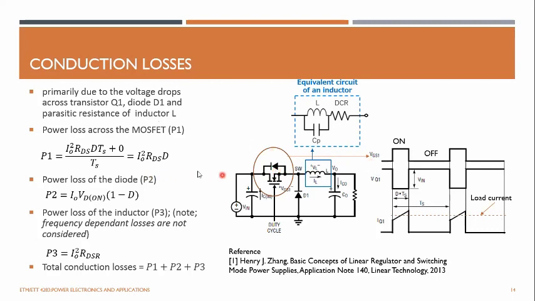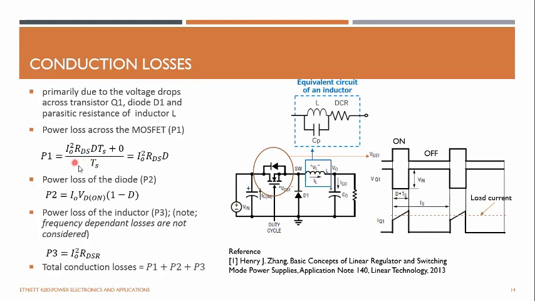The power loss can be calculated from this equation. You can see that when the power switch is turned on, the switch current is increasing, and when the switch is off, the switch current becomes zero. This is the average current, which is the load current that goes through the inductor.